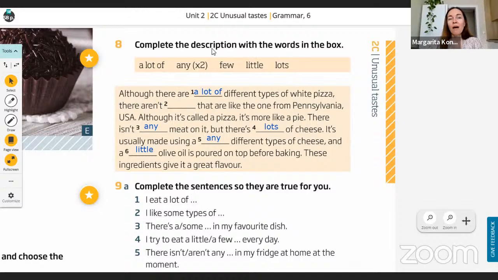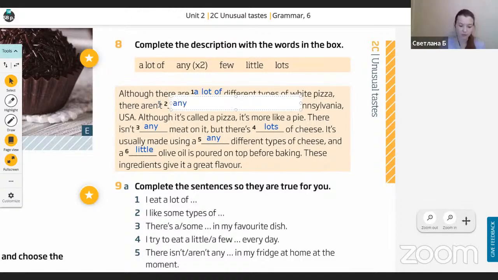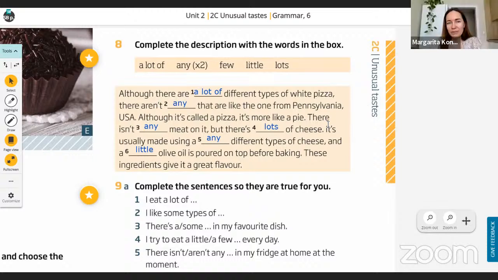there aren't, tell me please, aren't, is it positive or negative? Negative. So with negatives, we use any. So there aren't any that are like the one in Pennsylvania. Нету таких подобных, да? Смотрим дальше.